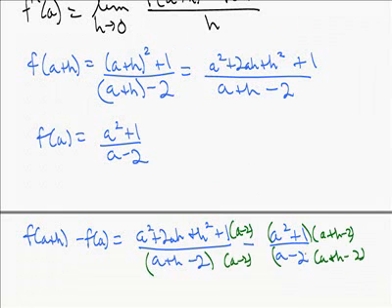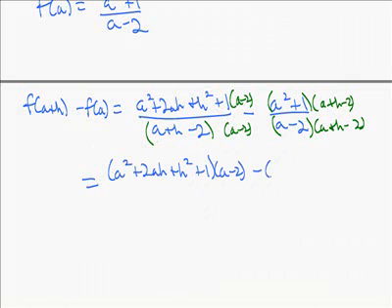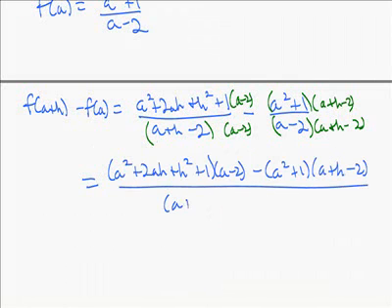So again, things are going to get a little bit messy here. What does that give us? Let's just write it like this. A squared plus 2ah plus h squared plus 1, that quantity times a minus 2, minus a quantity of a squared plus 1 times a plus h minus 2, all of that divided by this common denominator now of a plus h minus 2 times a minus 2.